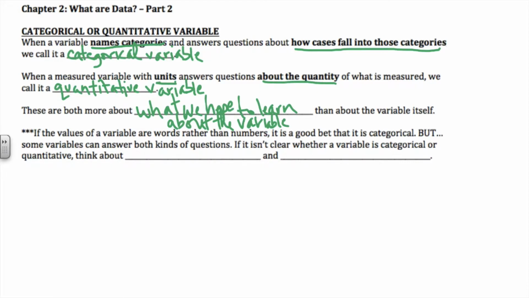If the values of a variable are words rather than numbers, it is a good bet that it is categorical. But there's a big but here. Some variables can answer both kinds of questions.